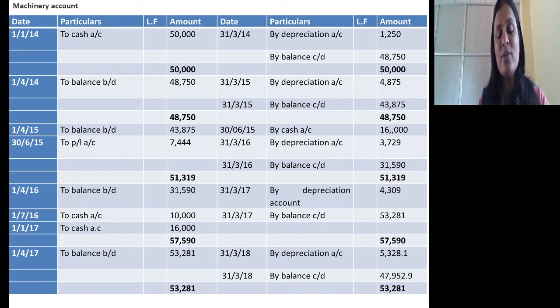On 1/4/2017 balance brought down is 53,281. Then for all these three assets from 1/4/2017 to 31/3/2018 total depreciation is 5,328.1. We will be left with a balance of 47,952.9. So this is how to prepare the machinery account.